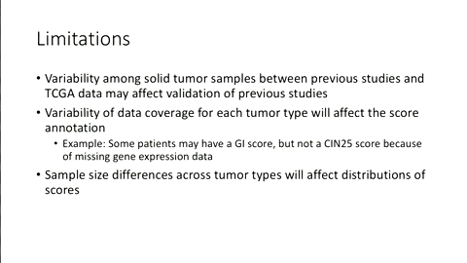So, for example, some patients may have a GI score but not a CIN score because they're missing gene expression. And also the sample size differences across tumor types will affect the distributions of the score. Basically, the breast cancer data set will have a more narrow distribution of scores versus the other tumor types, because it has almost twice the amount of samples.